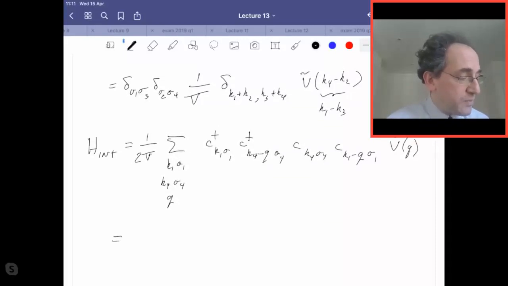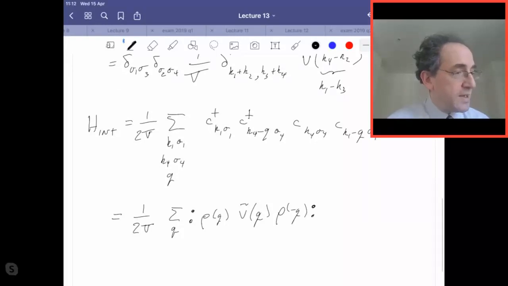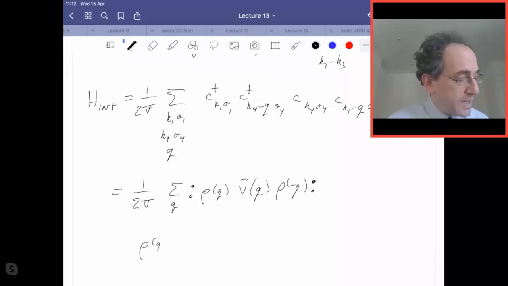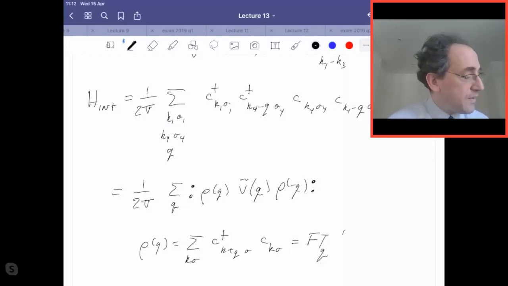It's equivalent to 1 over 2 times the volume of the system, sum over all q of rho of q, V twiddle of q, rho of minus q, and then normal order, where rho of q is the sum over k and sigma of c dagger k plus q sigma, c k sigma, which is just the Fourier transform at wave vector q of the density operator psi dagger of r, psi of r.